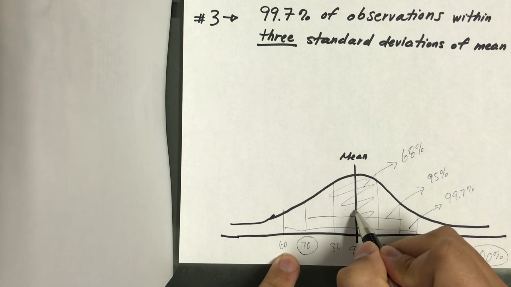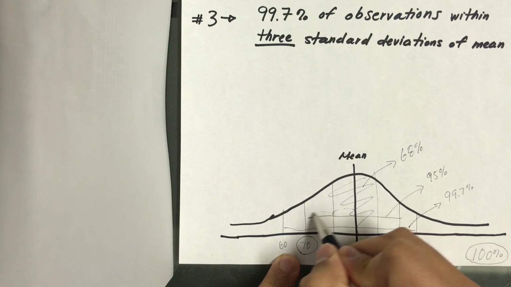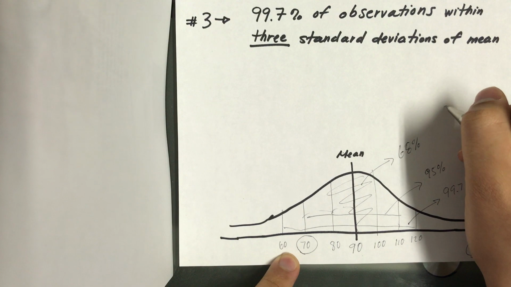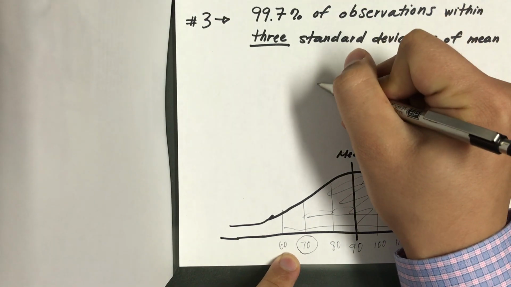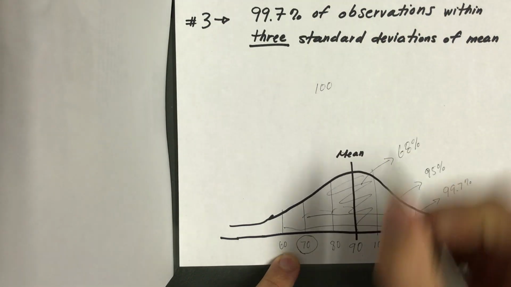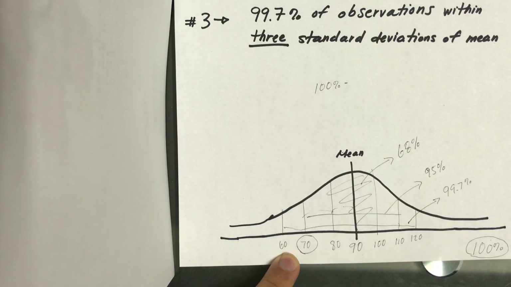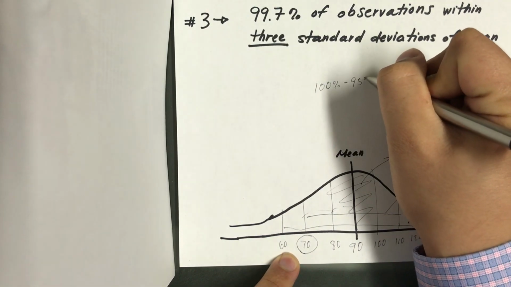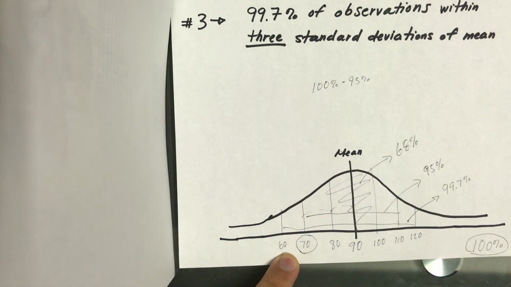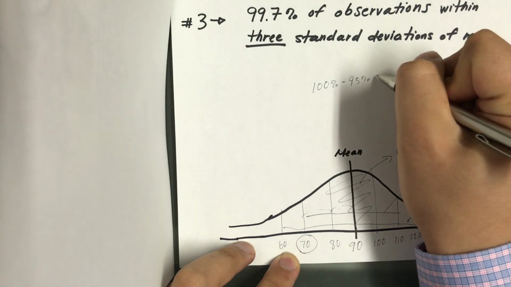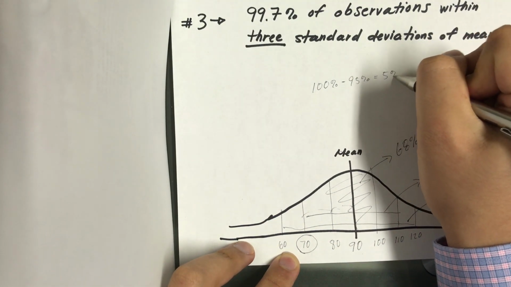So we know that this is 1 deviation, we have 2 standard deviations. So this means that we would get 100, because this is the entire distribution, 100%, minus 95%, since this represents 2 standard deviations, so we would get 5%.